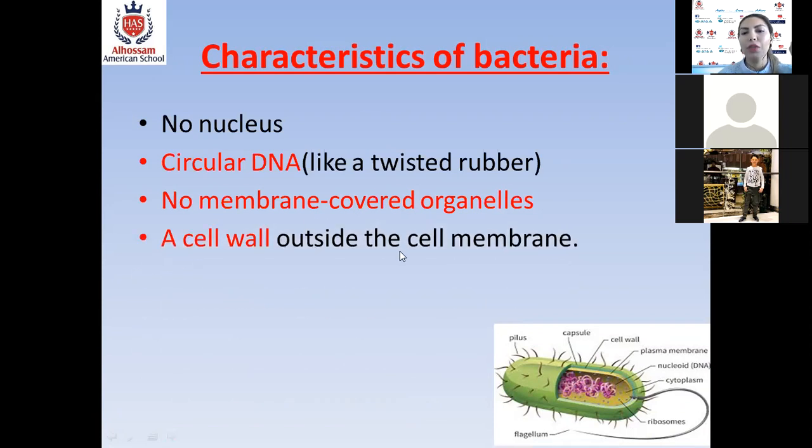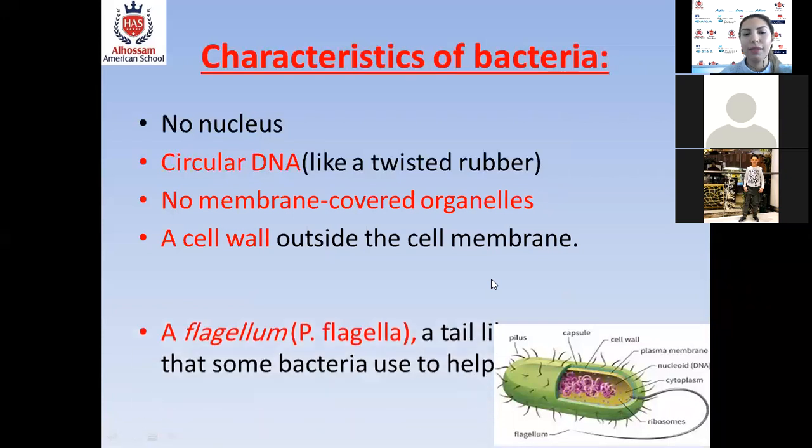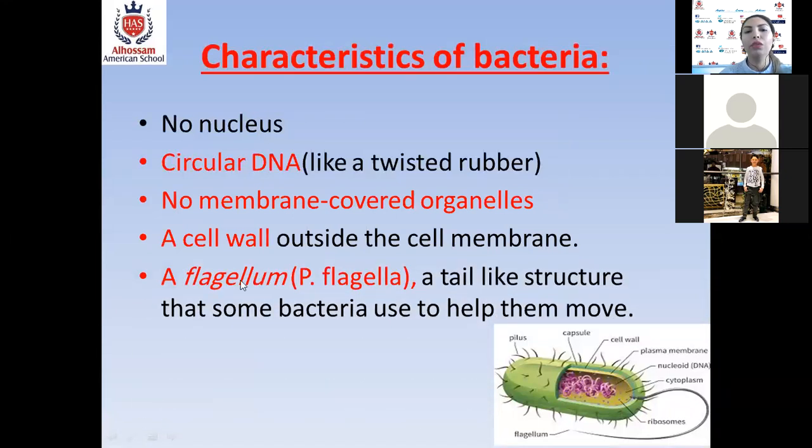A cell wall outside the cell membrane, a thick cell wall outside the cell to protect it. And it contains the flagellum, plural flagella, a tail-like structure that some bacteria use to help them move. So flagella are used in movement.